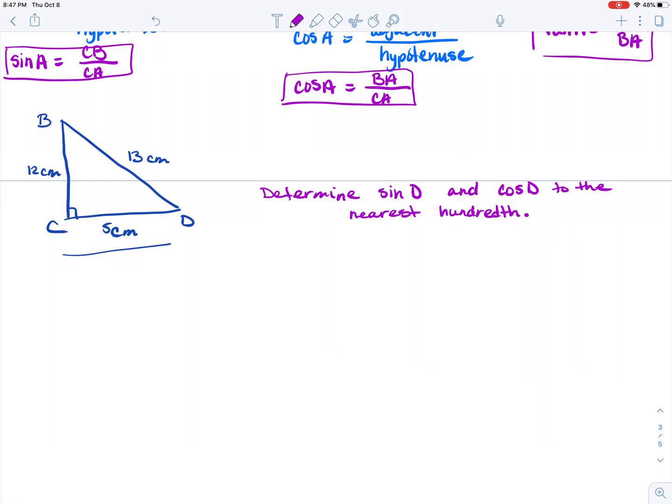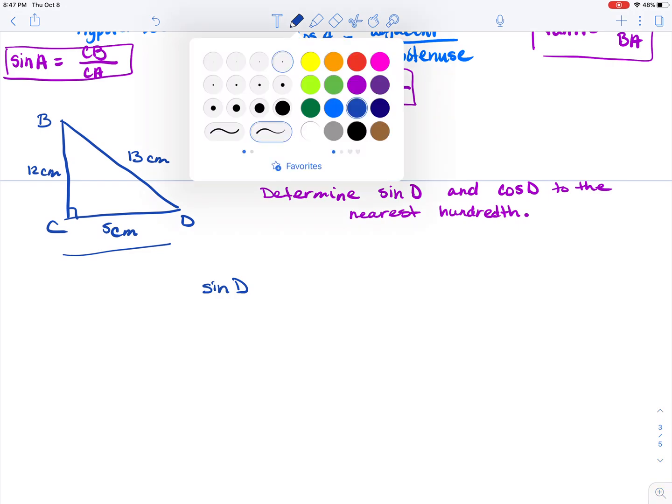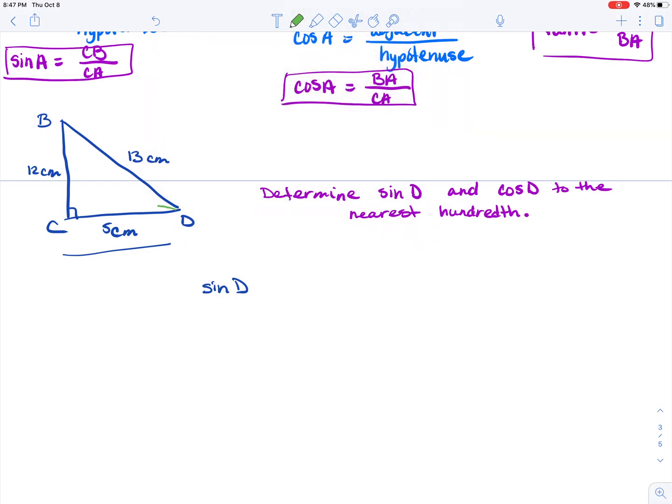So we're going to follow our formula. I know that sine D equals opposite over hypotenuse. So that's going to be the line BC divided by my hypotenuse BD.